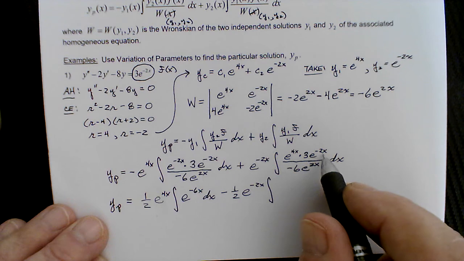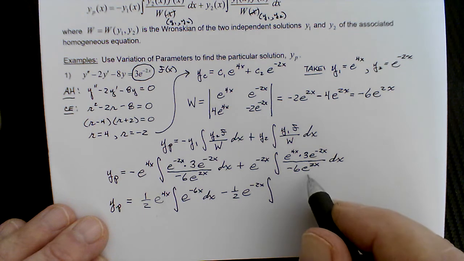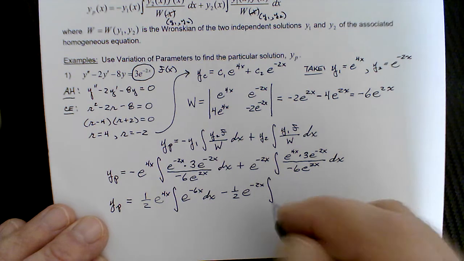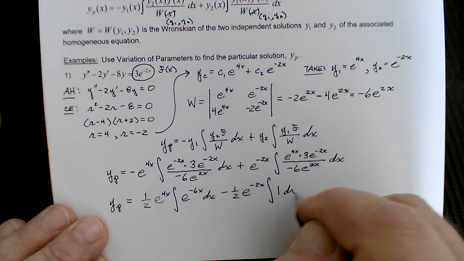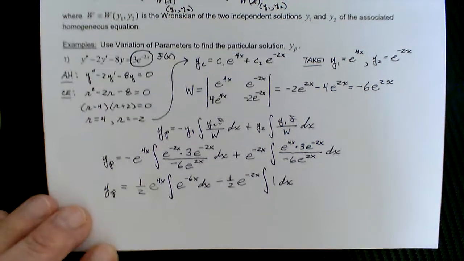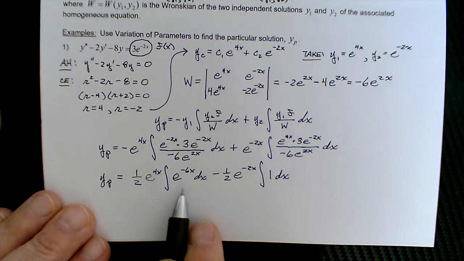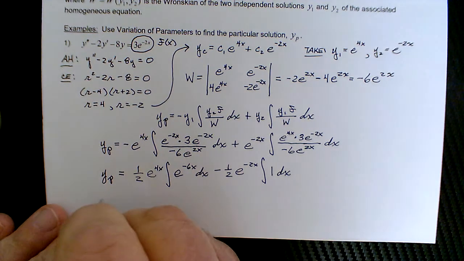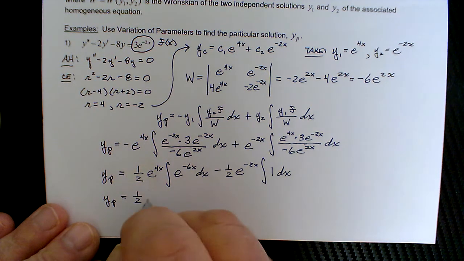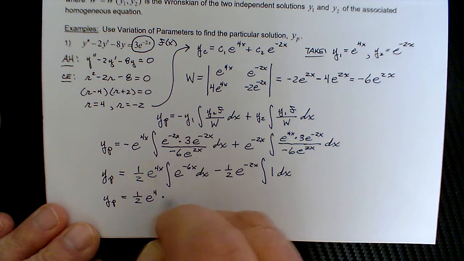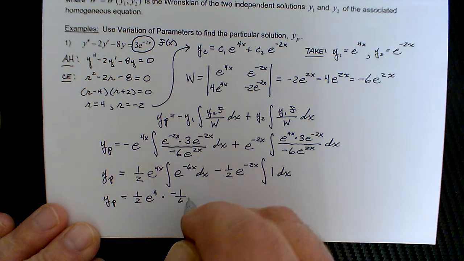This would be e to the positive 2x over e to the positive 2x. So cancellation, e to the 0, however you want to think of it, that's just simply 1. And so now notice that the two integrals are readily integrable. And so y sub p would be the 1/2 e to the 4x times, here's our linear argument rule, 1 over negative 6.